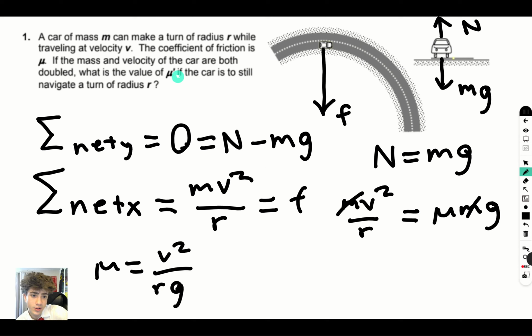And now let's take a look at the second part of the problem. It's asking, if the mass and velocity of the car are both doubled, what is the value of mu prime if the car is still to navigate a turn of radius r? As we can see, there's no mass left in our final equation, so no matter what the mass is, that does not affect our mu coefficient.